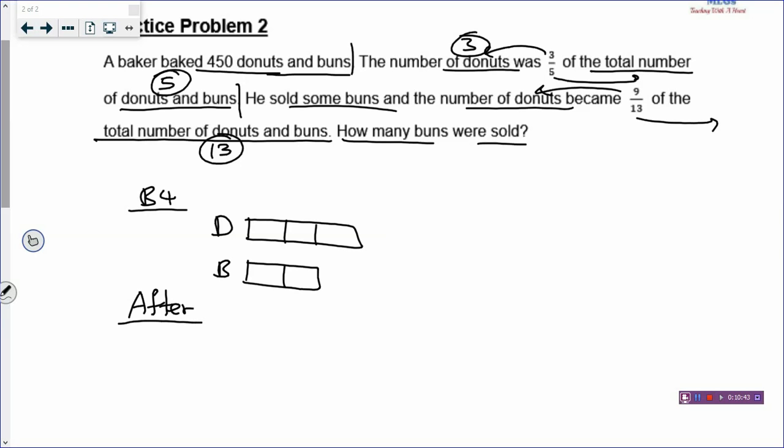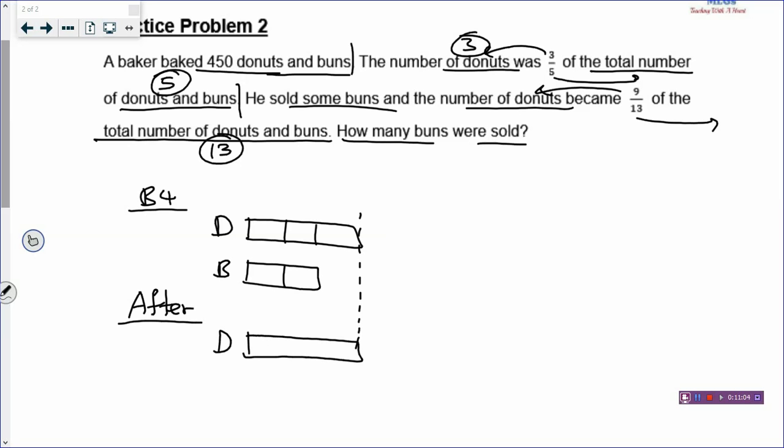Now he sold some buns, right, but he did not sell any donuts. So the donuts will still be the same length, all right, same length, same as before, and the donuts became 9/13 of the total donuts and buns.